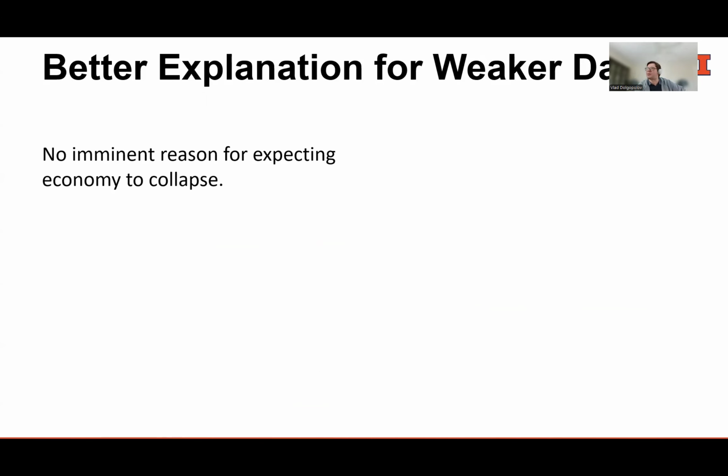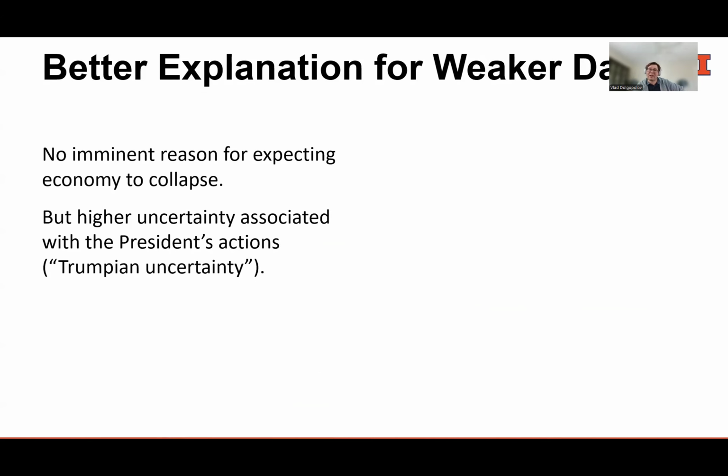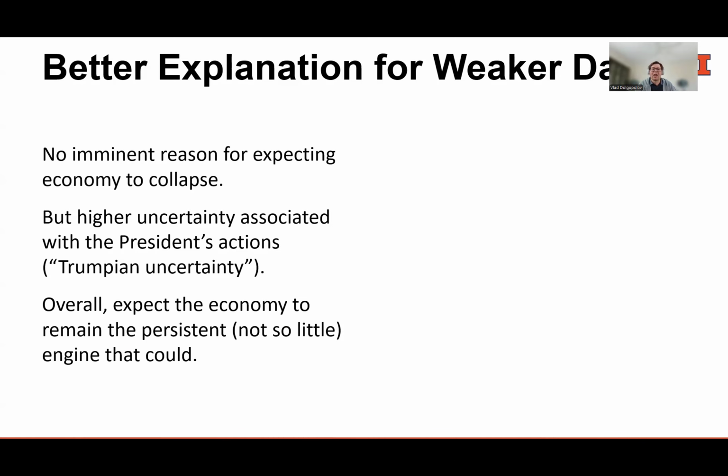There is a much better explanation for this, including for consumer confidence, which is what economists refer to as the Trumpian uncertainty. And this is true. The president's actions have been, let's call them, a lot less predictable than the actions of presidents in previous administrations. And something like that could be a drag on both company and consumer confidence.